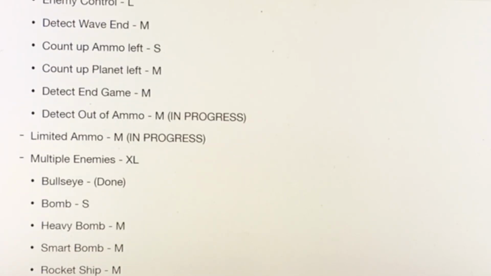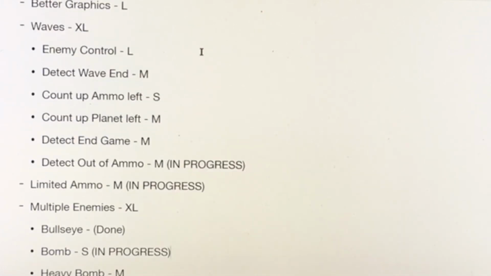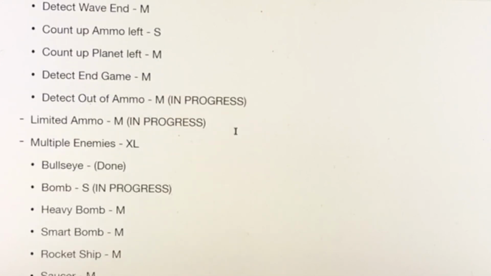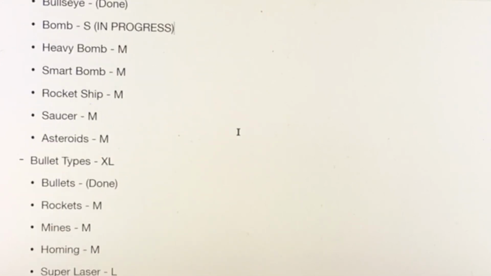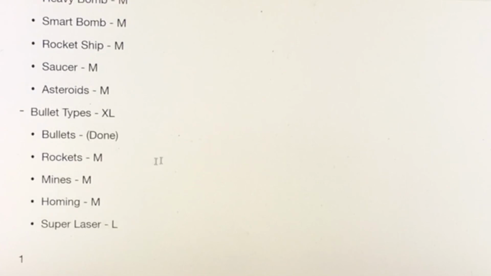I think we can knock that out pretty quick. Enemy control, not quite yet. Yeah, we've got to do enemy control before we can detect a wave end and the bonus. Okay, and we'll stick with just this one bullet type for now.